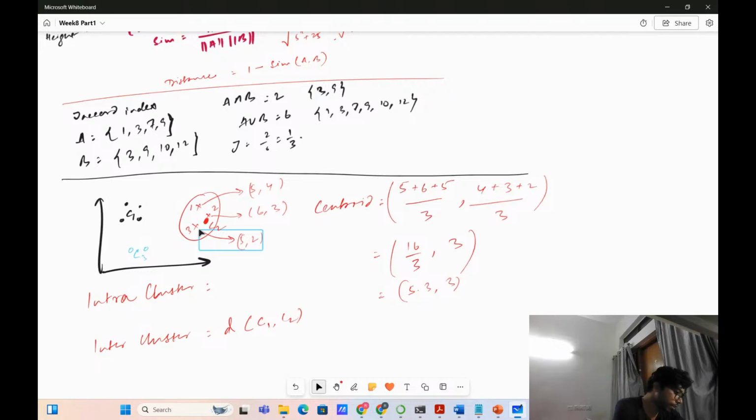So you take the distance of each of those points: 1 from C1 plus 2 from C1 plus 3 from C1, divided by 3. Right? That is the intracluster distance. Okay. Now coming back to the slide.